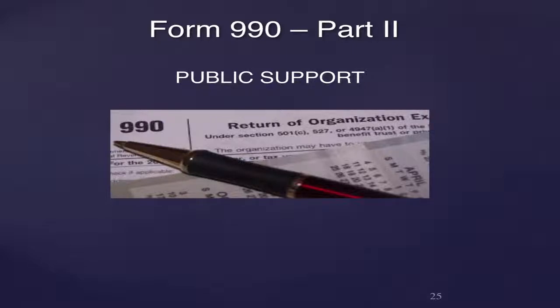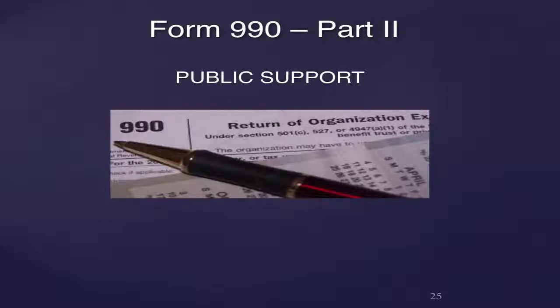So now that we're moving to part 2, let's complete section A, public support. Calendar year, or using your fiscal year, calendar year ending December 31, fiscal year ending June 30th, you would look at numbers 1 through 6 for section A.